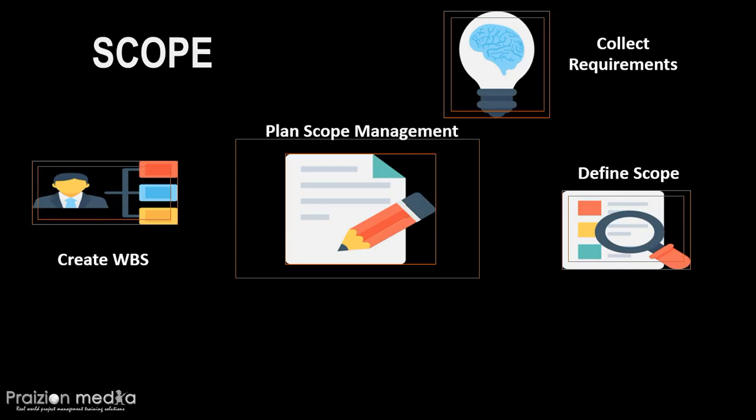Remember, the WBS numbering system, the code of accounts, is also a regular feature on this exam. You will need to identify certain components and know which level these components are at.